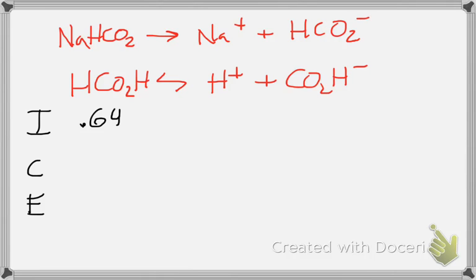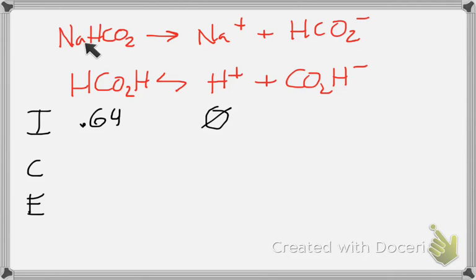The initial concentration of H+, we're going to say, all right, before this formic acid has dissociated at all, it's not going to generate any H+. And the sodium formate doesn't generate any H+, so we're not going to concern ourselves with that. For the formate ion, the formic acid is not yet dissociating, so we're not going to generate any of this yet.